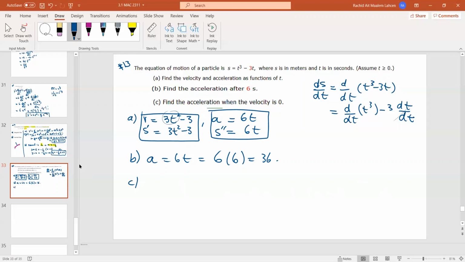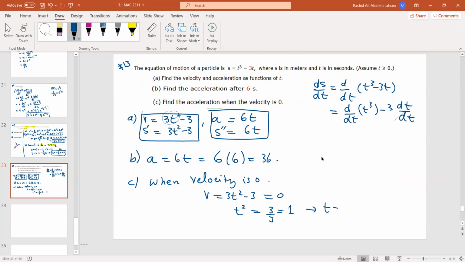Now find the acceleration when the velocity is 0. So what does this mean? Let's look at the velocity. The velocity is 3t squared minus 3. When this is 0, t squared equals 3 divided by 3, which is 1.